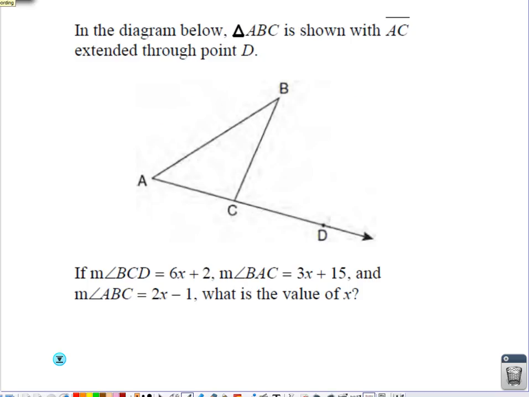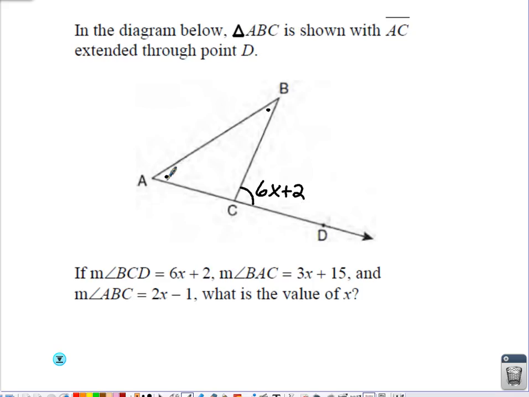Another one? It says in the diagram below, you have ABC and AC extending through. So we've got an exterior angle, and here would be your two remote interior angles. It says BCD, which is this angle here, would be 6x plus 2. And now I don't know if y'all worked anything like this.